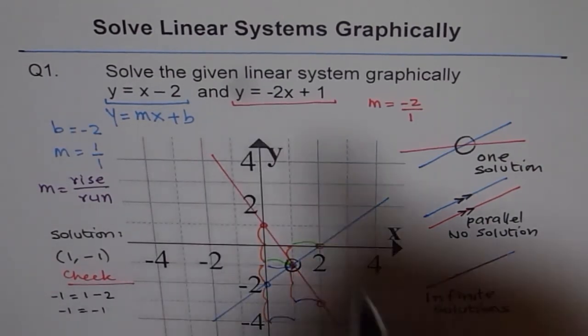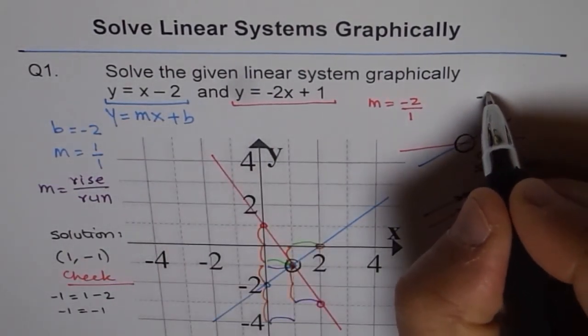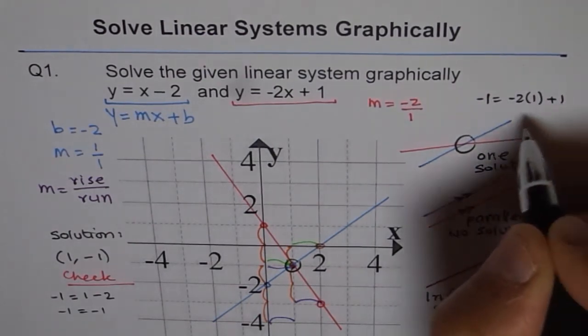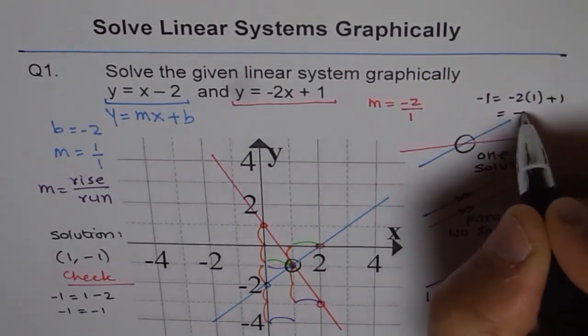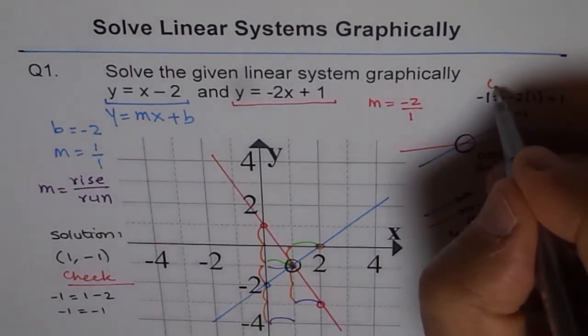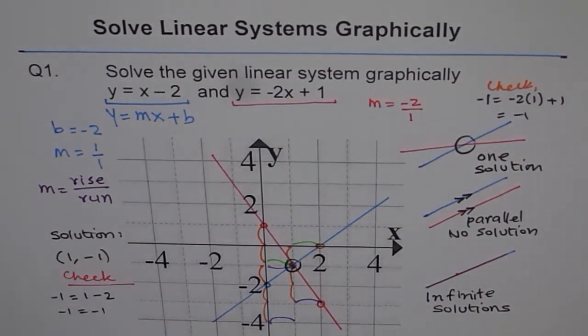And here if I check, I can write minus 1 for y, and minus 2 times 1 plus 1, which is also minus 1. So that's true. So these are the ways to check. So we checked our answer and we found it perfectly matches. So that's a perfect solution to our linear system, which we found graphically, correct?